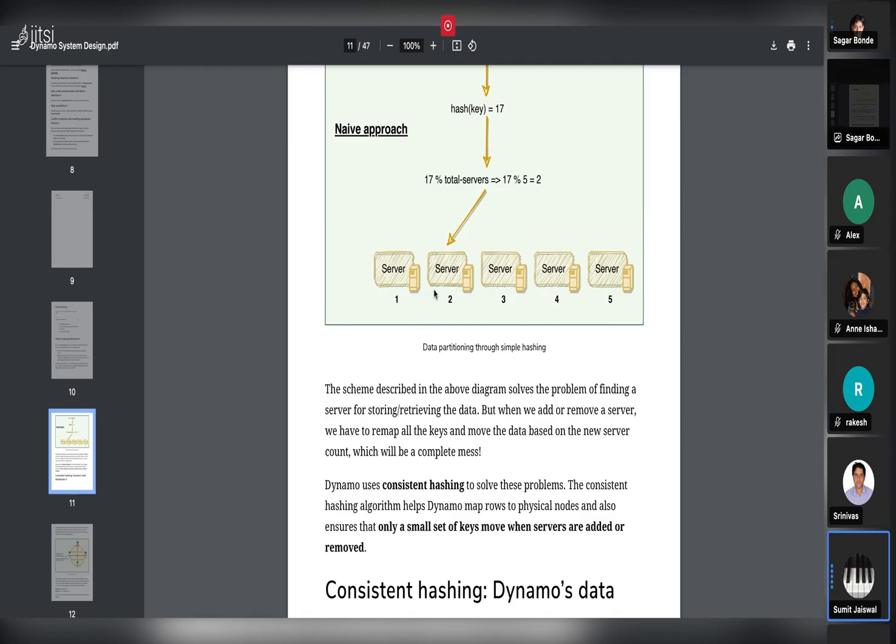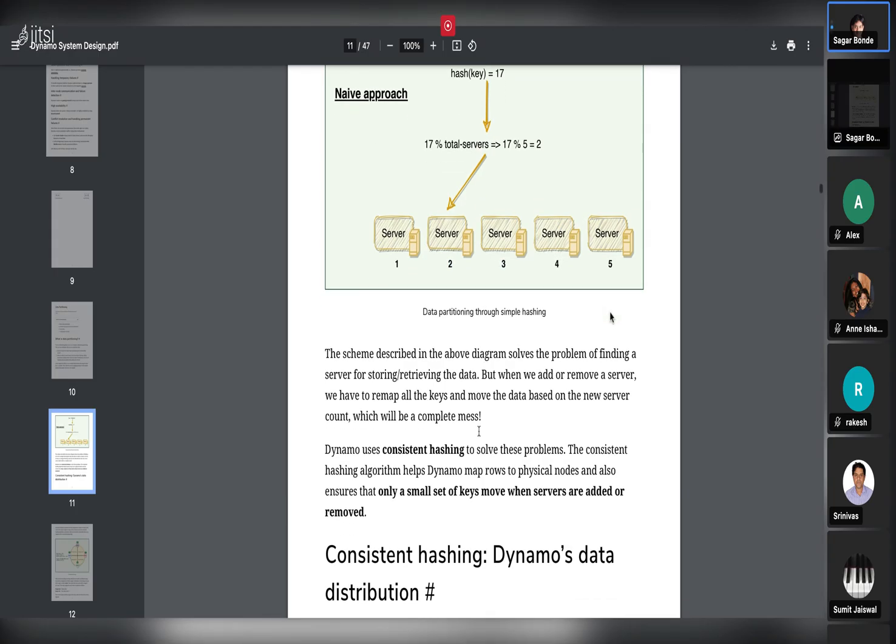If you add a server between 1 and 2, then all the keys on 2 would be moved, and 3 would be moved, or somehow we need a bigger reshuffle to adjust the data. Just to avoid that, it's a very good algorithm. It helps us to minimize the key movement, in a way that could help scale faster, or be able to add and remove nodes a larger number of times.